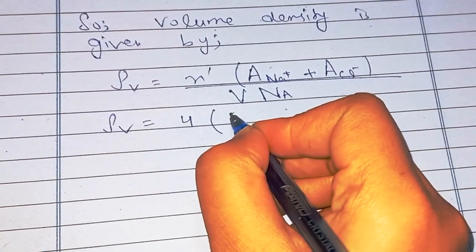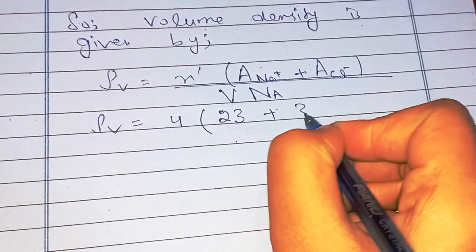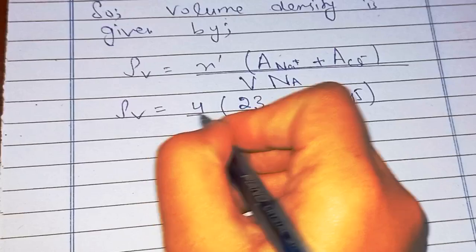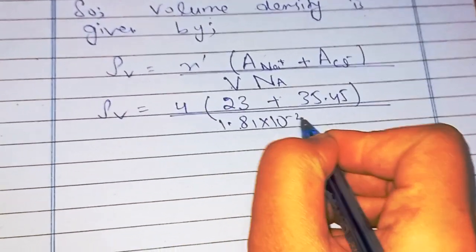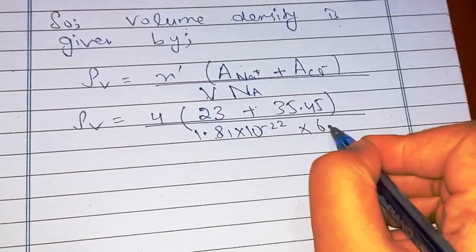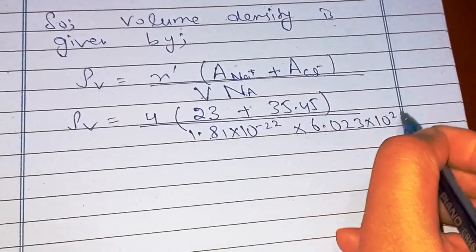It's 4 times (23 plus 35.45) divided by the volume, which is 1.81 multiplied by 10 to the power minus 22, and Avogadro's number, which is 6.023 multiplied by 10 to the power 23.